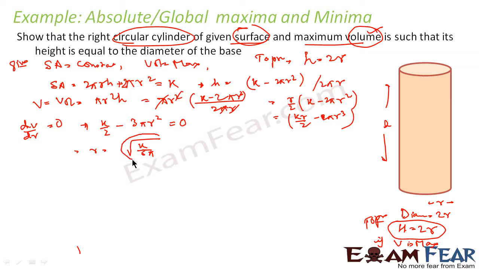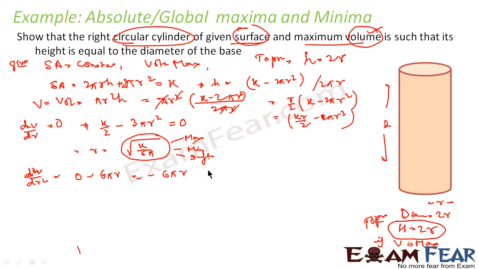This is the value of r, but we don't know whether in this case it is maxima, minima or inflection. So for this, we have to find d square V by dr square, the second differentiation. dV by dr is this, so if you differentiate again, k by 2 becomes 0, and minus 3 pi r square becomes minus 6 pi r.